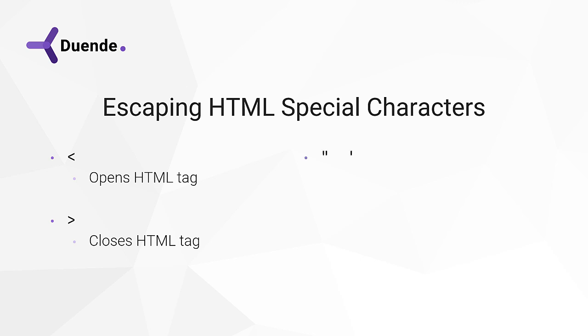Single and double quotes, they delimit attribute values. Failing to escape them allows attackers to inject extra attributes like onclick. And the ampersand, which starts HTML entities.